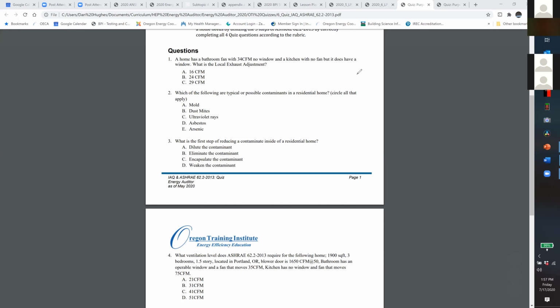So the bathroom fan has a deficit of 16, and the kitchen has no fan. So the deficit for the kitchen would be 100, because it needs to move 100 and it's moving 0. But it does have a window, so that brings it down to 80 because of the credit.